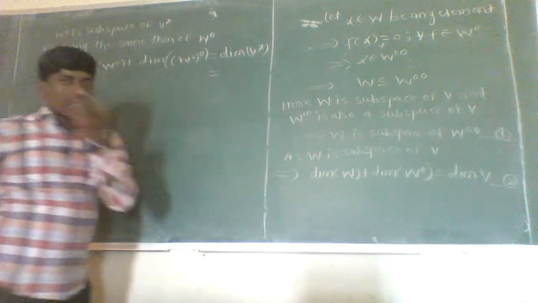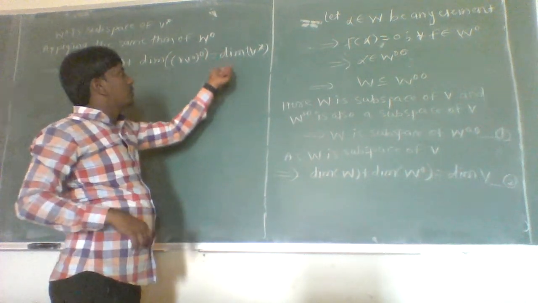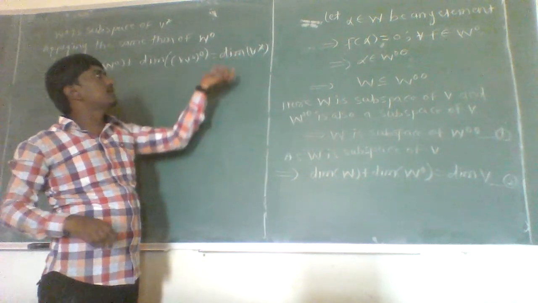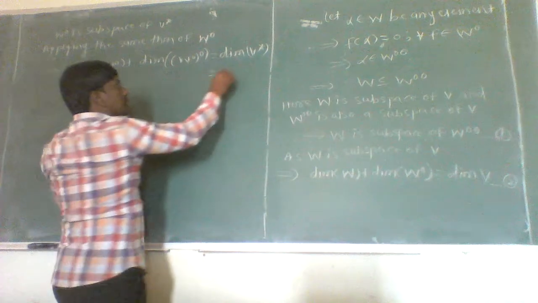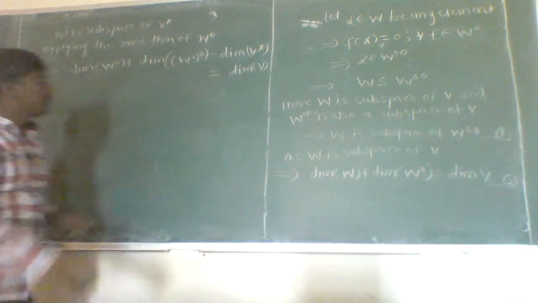But we know that dimension of V star is equal to the dimension of vector space V, since the basis elements of both sets contain the same number of elements. The number of elements in both the bases, that is for V star and V, is the same, which implies dimension of V star is equal to dimension of vector space V.